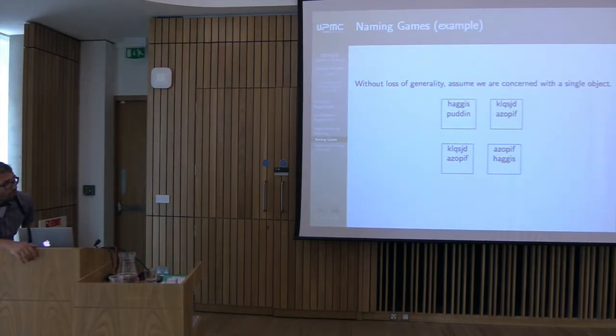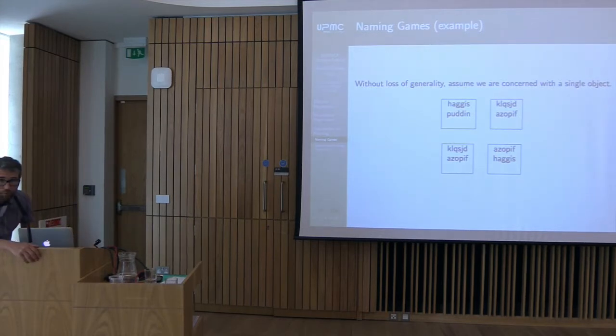So first, we have this initial situation where you have to name a given meal. Agent 1 has two possible terms, haggis or some pudding. The second one would call it gleu or azopif, and so on.